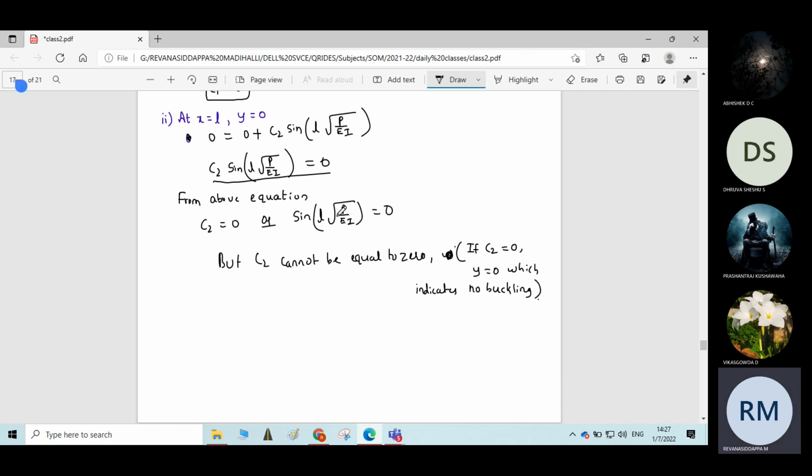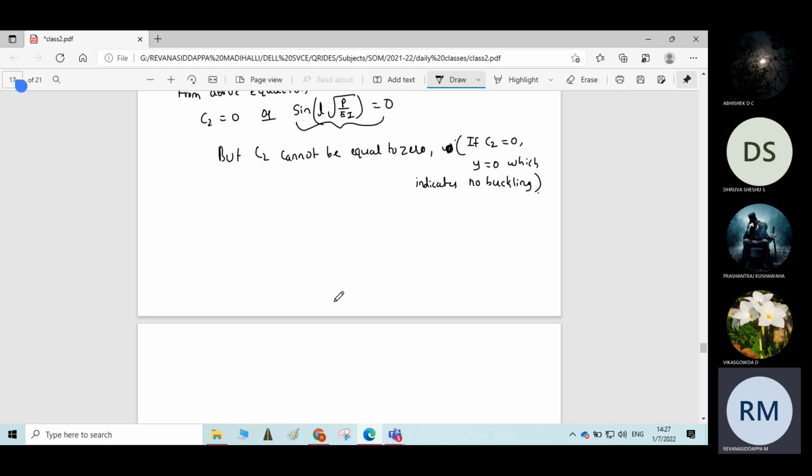So the sine of L into root P by EI should be equal to 0. Therefore sine of L root P by EI equal to 0.